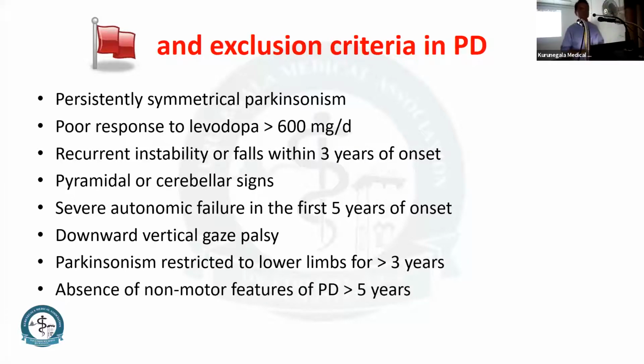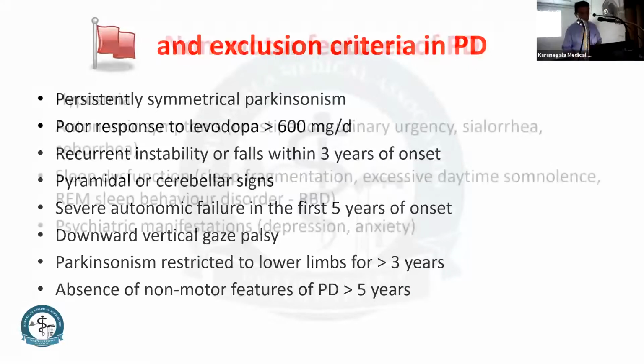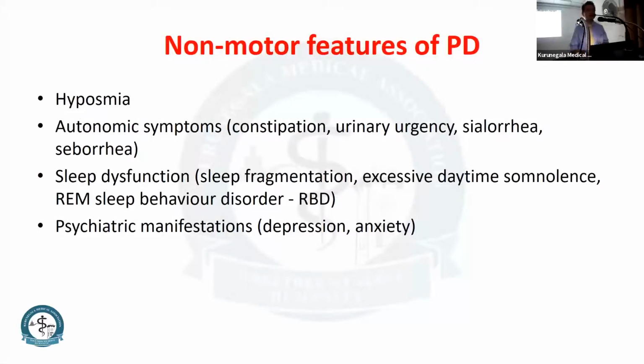Absence of non-motor features of Parkinson disease for more than 5 years. This Parkinson disease is going, but there are no non-motor features. What are these non-motor features? Hyposmia, loss of smell. Now, if you have loss of smell, now you will think COVID, right? But before COVID was Parkinson disease where you have loss of smell. Autonomic symptoms.